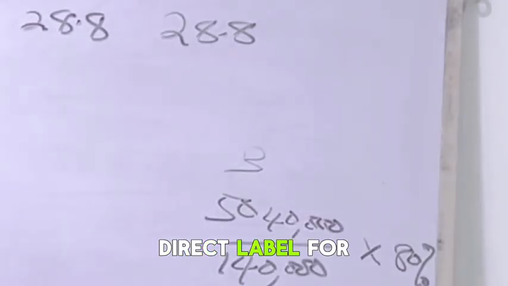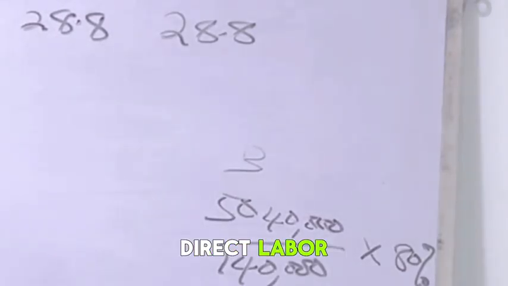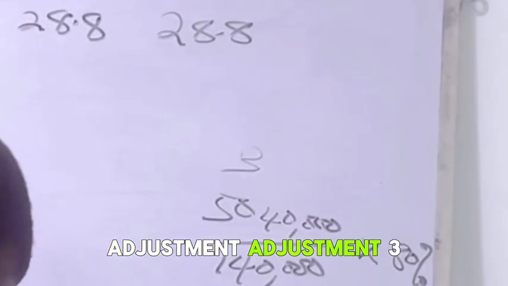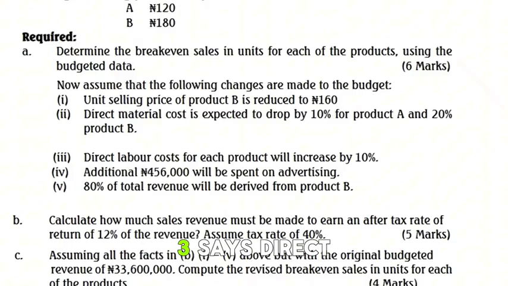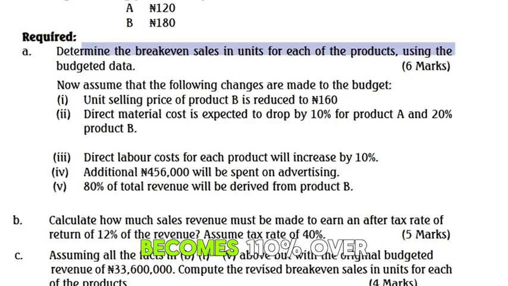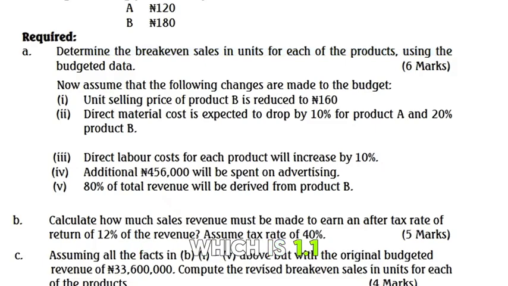Let's go to direct labor. For direct labor, let's see whether there's any adjustment. Adjustment 3 says direct labor cost for each product will increase by 10%. It will increase for both A and B. What this means is that if percentage is 100 and anything is to increase by 10%, it becomes 110% over 100, which is 1.1.